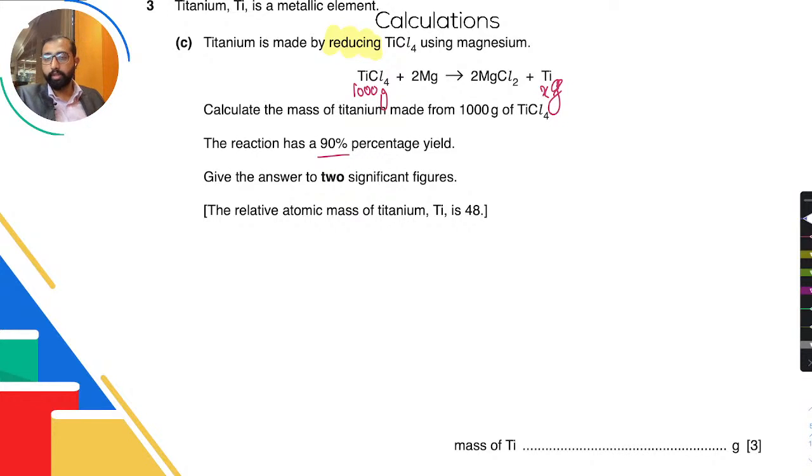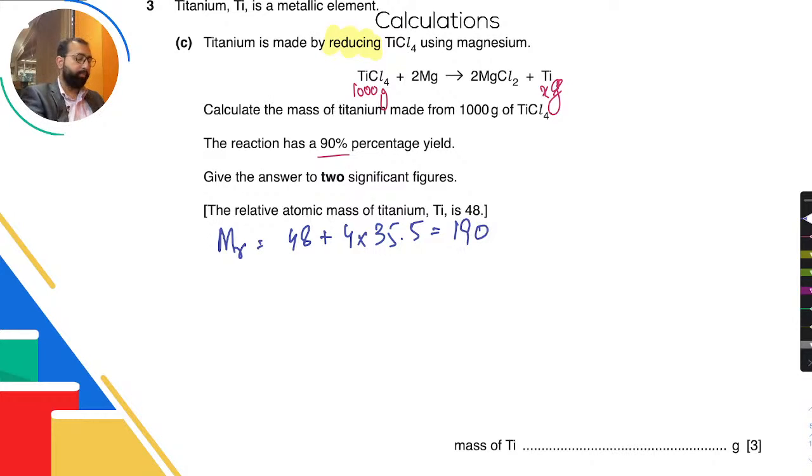Oh, sorry, I was looking at thallium. Yes, it is 48. It's pretty straightforward, number 22 element in the periodic table. So what's the MR of TiCl4? 48 plus 4 times 35.5. Use the AR value, not the value you might remember, like 35. So this is 190.